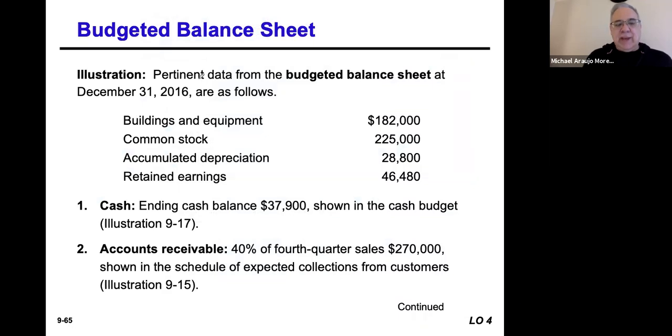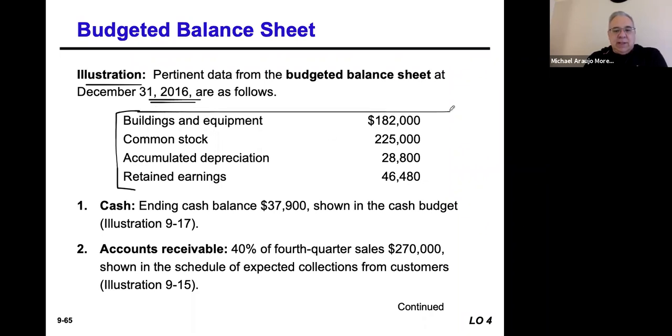Okay, so again, this explains what you just saw. These were the ending balances in 2016. Buildings and equipment were 182, common stock 225, accumulated depreciation was 28.8, and retained earnings was 46,480. These are the accounts I was telling you were tweaked by the fact that we bought the truck.